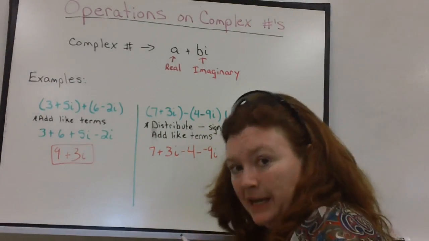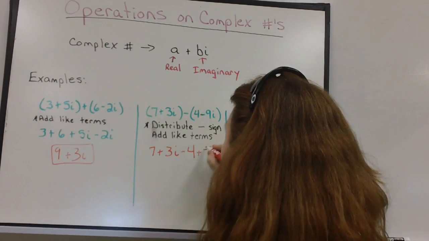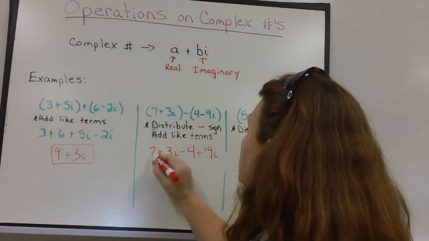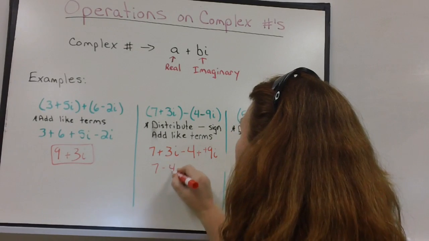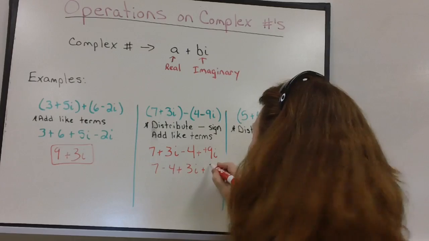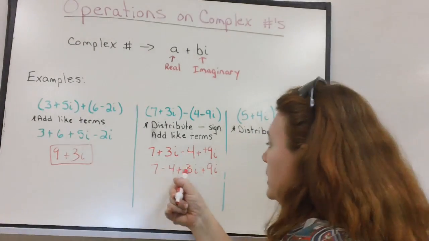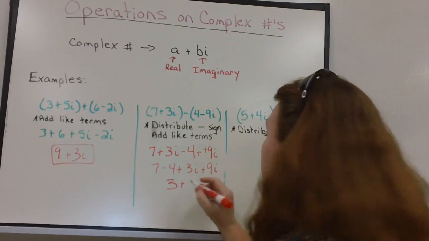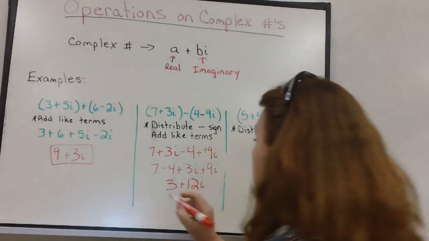And what's minus a negative? Plus a positive. So let's make it plus a positive. Now, if you want, you can rearrange them. The 7 is a like term with the -4, and the 3i and the plus 9i are like terms, so you might be able to see it a little better. 7 minus 4 is 3. 3i plus 9i is 12i. And we're done with that one.